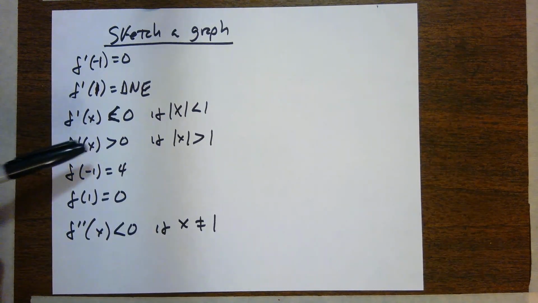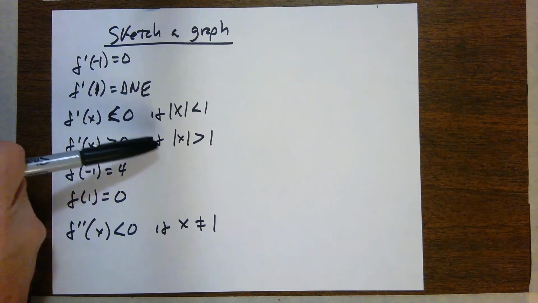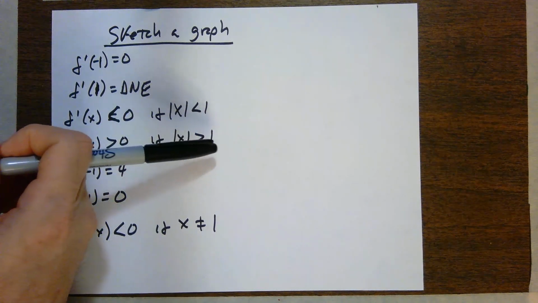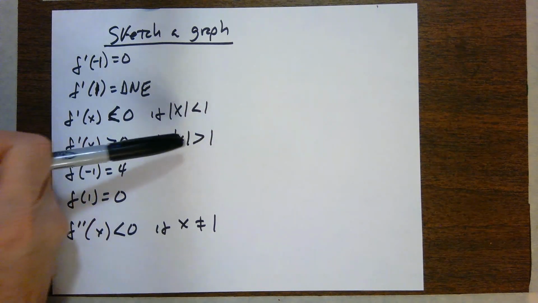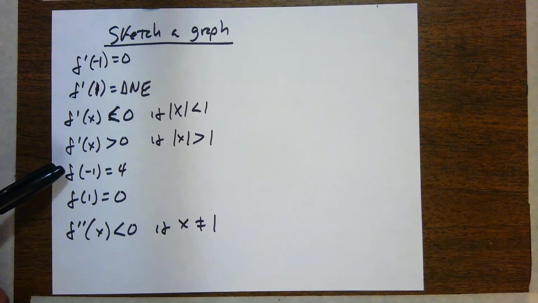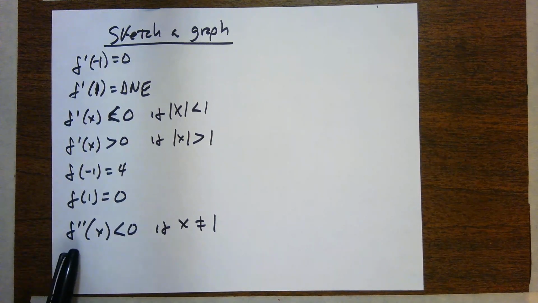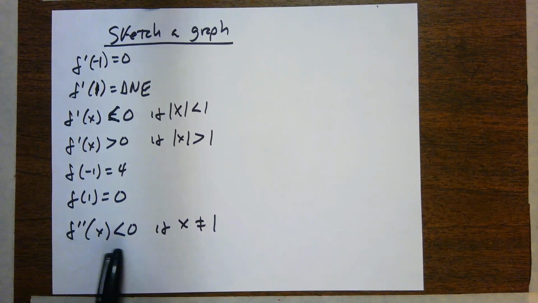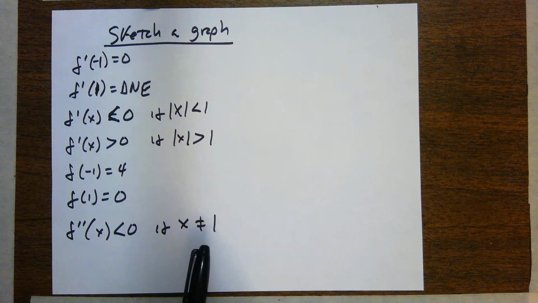The first derivative is greater than 0 if the absolute value of x is greater than 1, so on either side of 1 and -1. f of -1 is 4, f of 1 is 0, and the second derivative of x is less than 0 if x is not equal to 1.